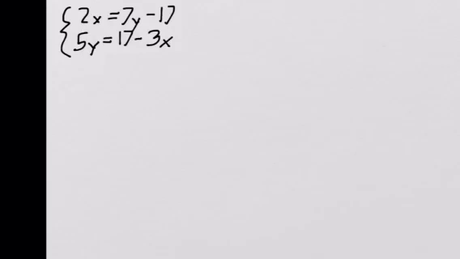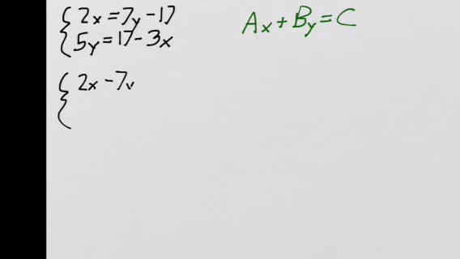The first thing that we need to do when solving a system of equations by the addition method is get both equations in the form ax plus by equals c. So I'll do that on the first equation. I need to subtract 7y from both sides, so I get 2x minus 7y is equal to negative 17.